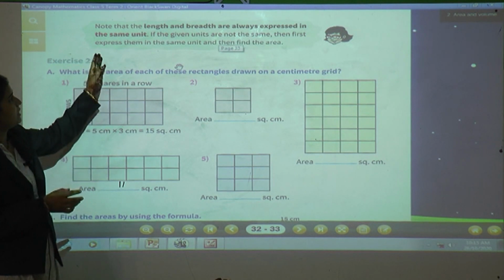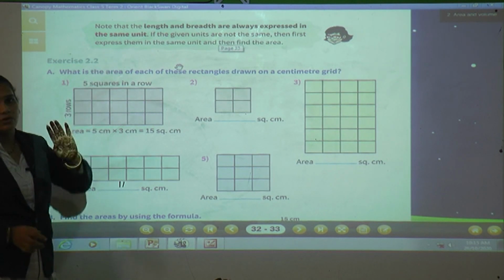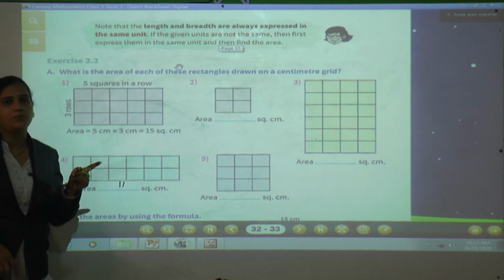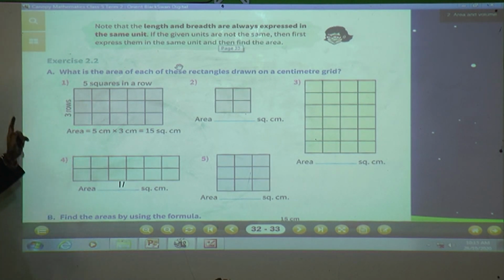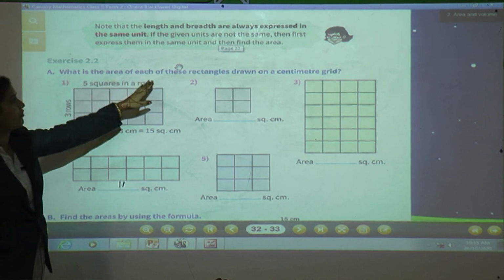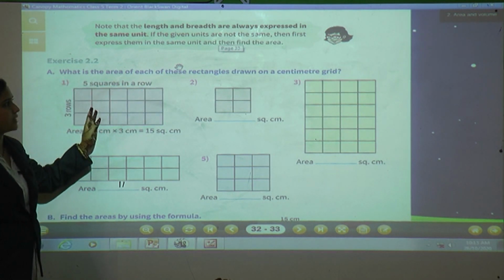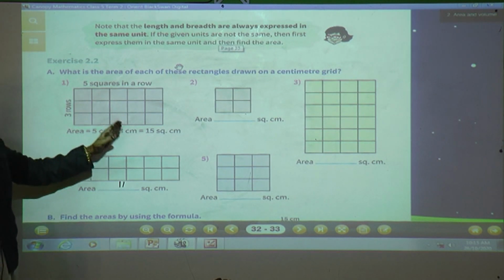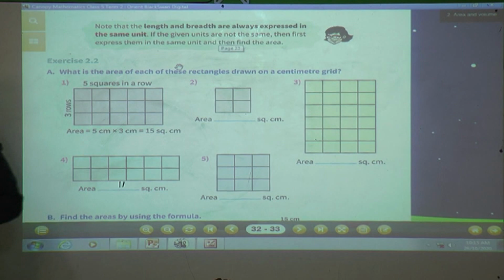So in case the units are not same, first convert them into same units and then calculate. Okay. So here, what is the area of each of these rectangles drawn on a centimeter grid? So use this formula, L into B and calculate, you will get the area.